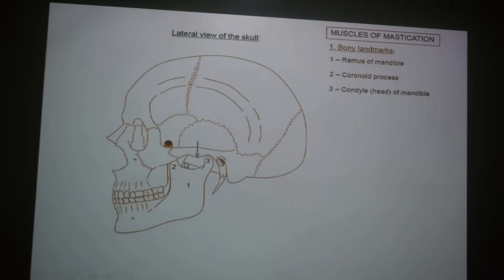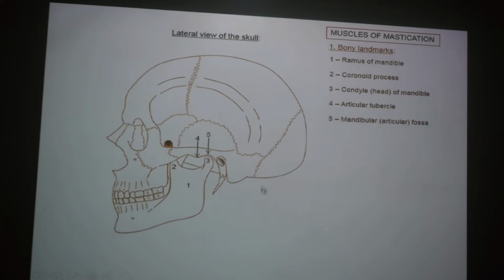Then you can see this tubercle, the articular tubercle, which prevents the head of the mandible from moving forward beyond a certain point. When you open the mouth, the head of the mandible slides forward, but it can go only up to the articular tubercle. If it moves forward beyond this, there will be a dislocation of the mandible.